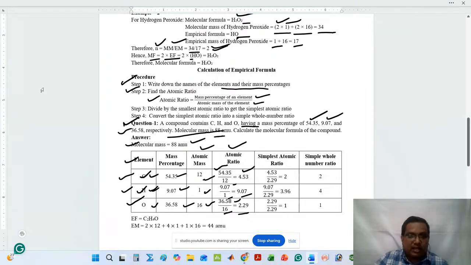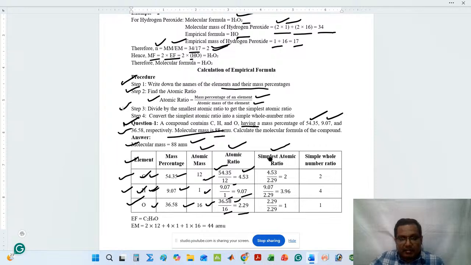Next, follow step number 3. This is step number 3. Divide by the smallest atomic ratio to get the simplest atomic ratio. In the next step, you aim to find the simplest atomic ratio.